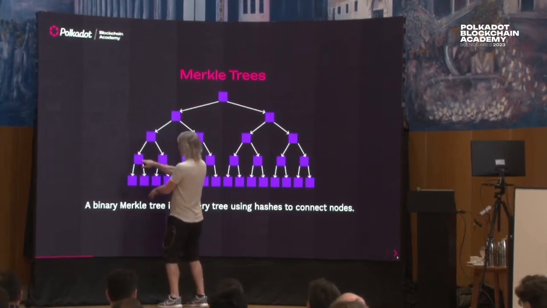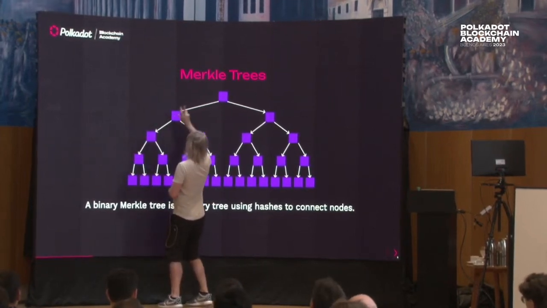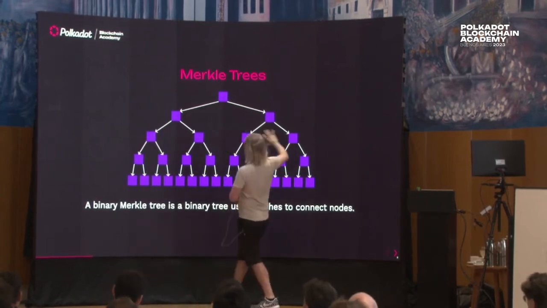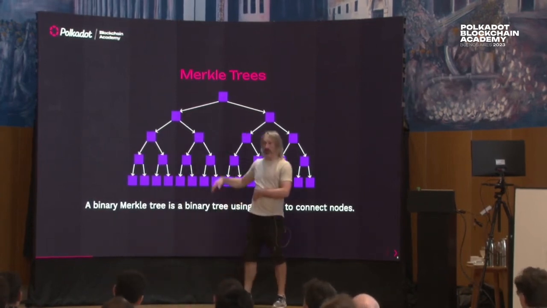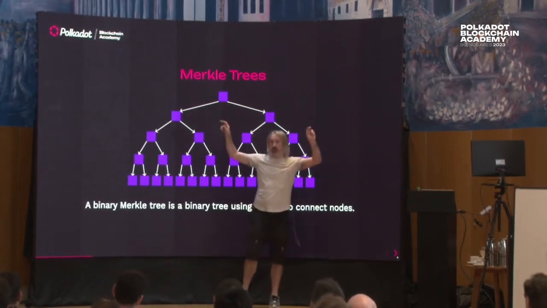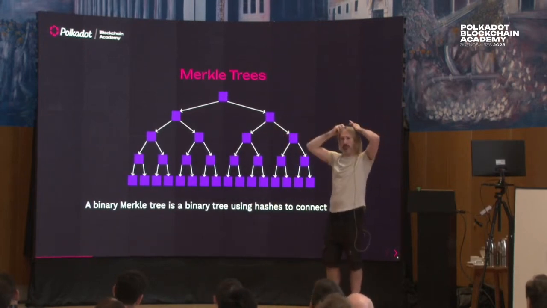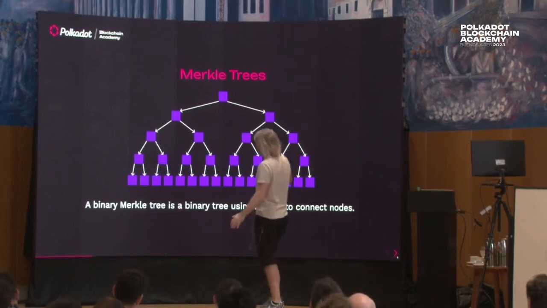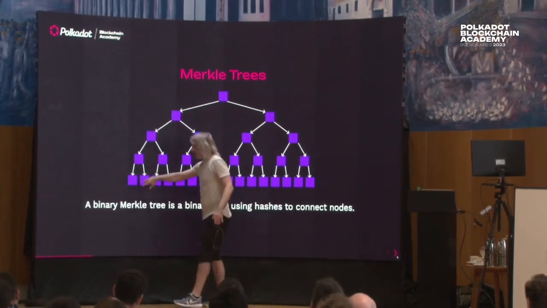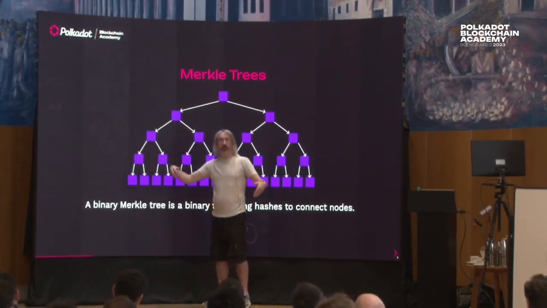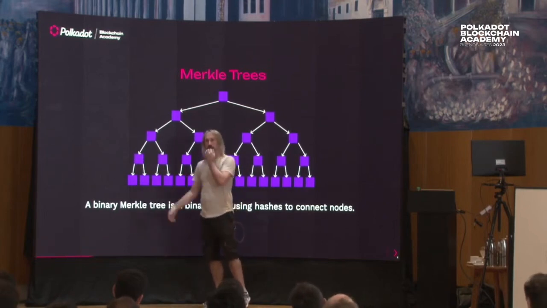So this hash changes, this hash changes, this hash changes, and this hash changes. All of the rest stays the same. And you'd end up with a new hash at the top, which is like the new database reference that refers to the database after the transfer has happened.